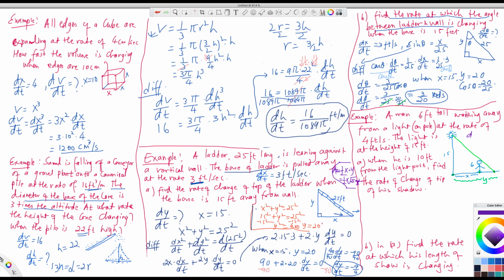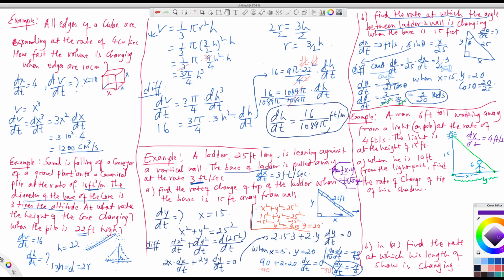So this is 6 feet, and the man is walking away. So dx over dt, because this distance is changing at 4 feet per second, right? What it says is the man is walking away from the light post at the rate of 4 feet per second.